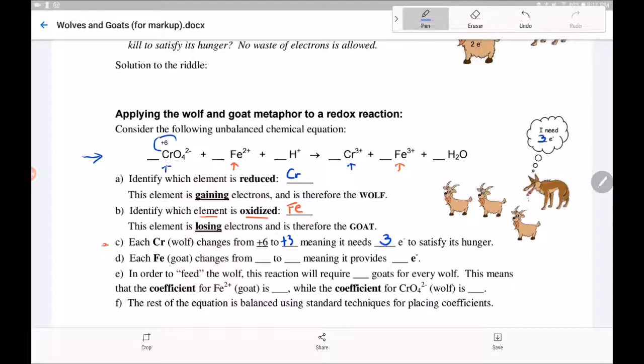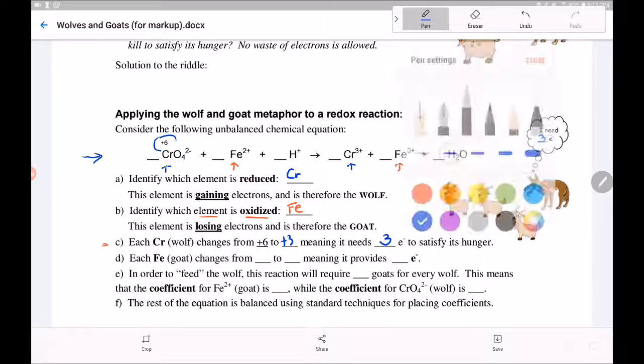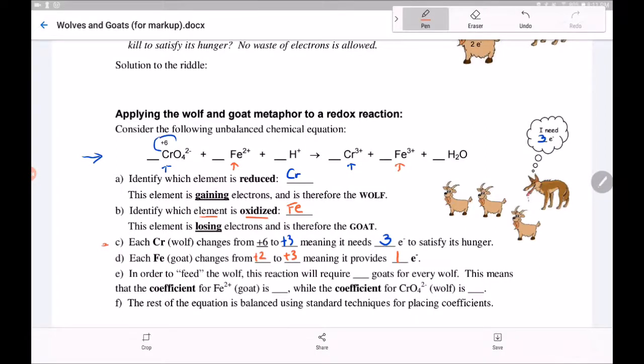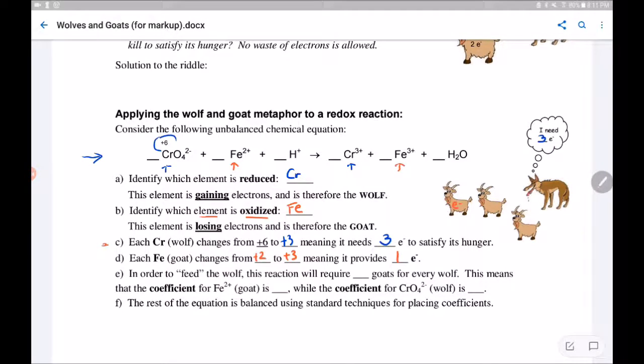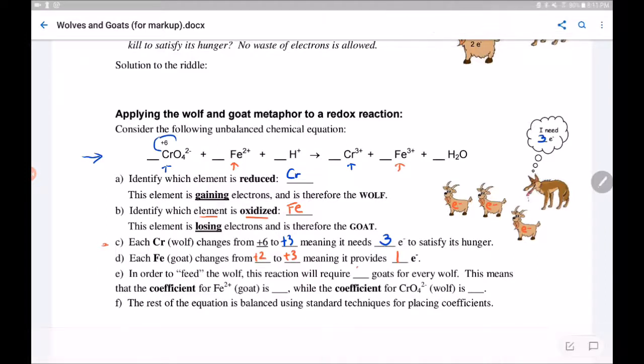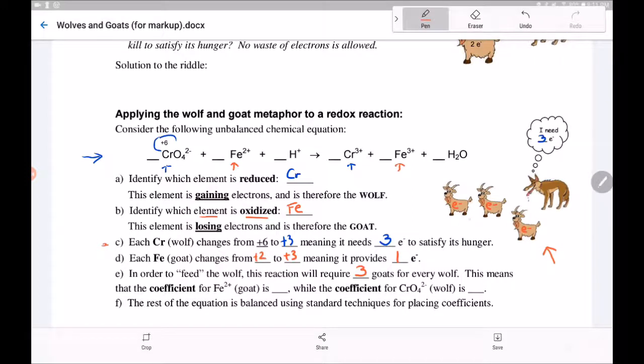Each goat changes from +2 to +3, meaning it provides a single electron. In the cartoon, I'm giving each goat an electron. In order to feed the wolf, this reaction will require 3 goats for every wolf. You can see it right here in the cartoon. 1, 2, 3 goats will feed the 1 wolf.